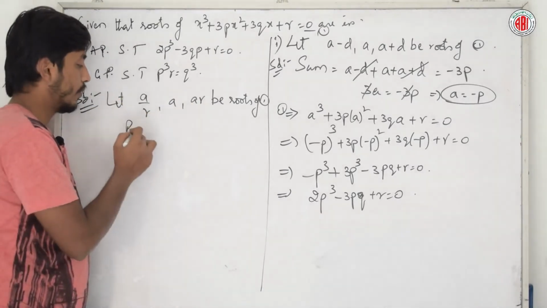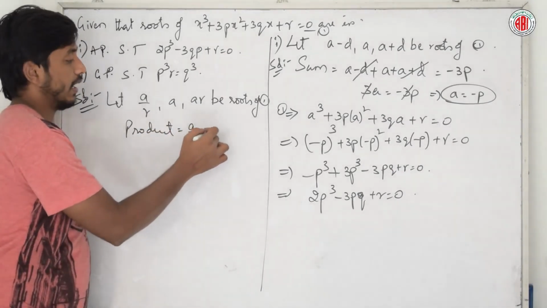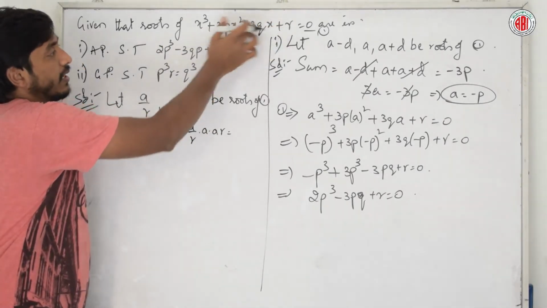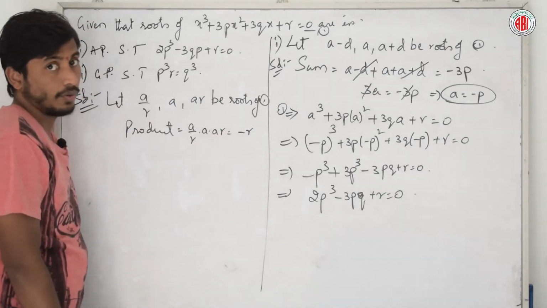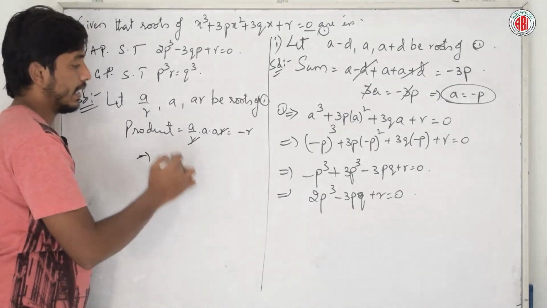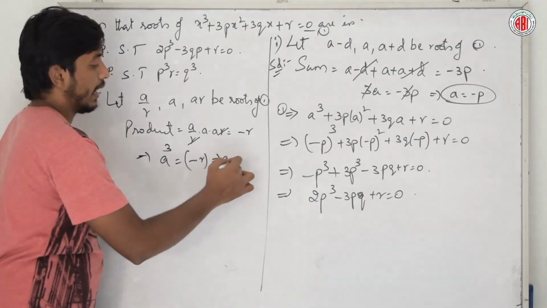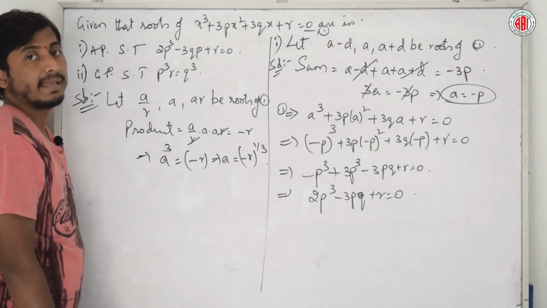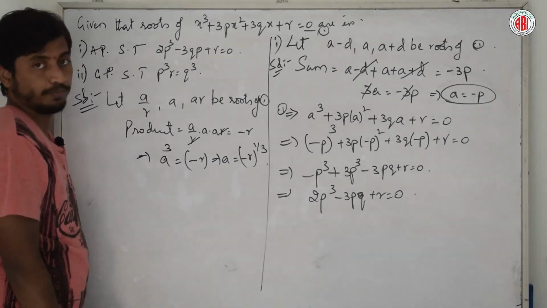Okay, so product of roots is a by r, a, ar is equal to, what is product of roots here? Minus r by 1. Yes or no? So r will get cancelled. a cube is equal to minus r. a is minus r whole power 1 by 3. Isn't it? No more confusions here. Don't get confused also. Done?